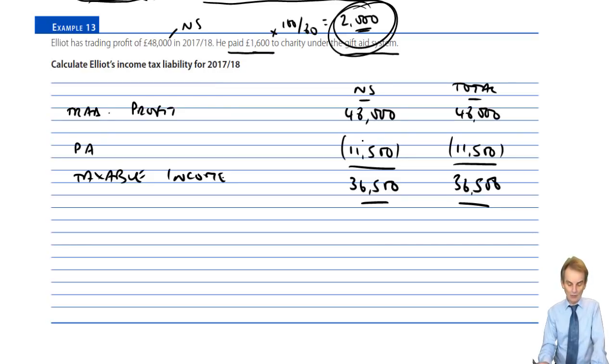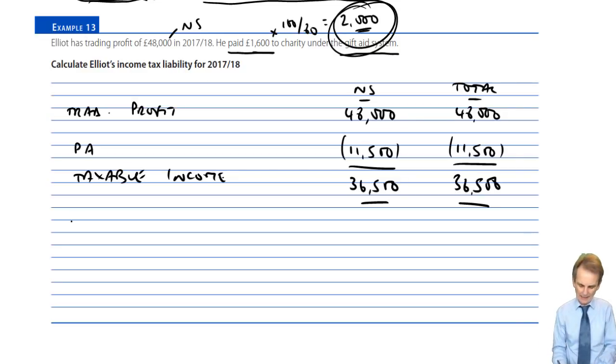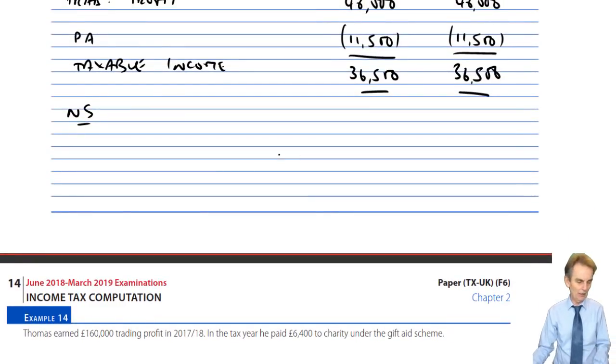We're higher rate because as we look at that, we think, right, 36,500, that is more than 33,500, the basic rate band limit. But here we've got to be careful in terms of our calculation of the tax on our non-savings income. We are not just a basic rate, we are looking at a higher rate taxpayer.